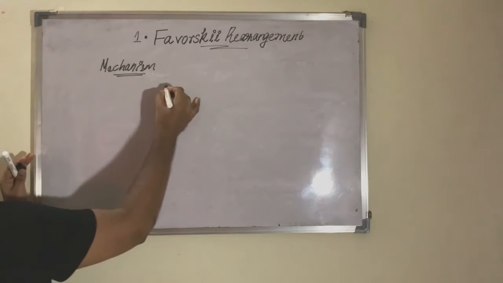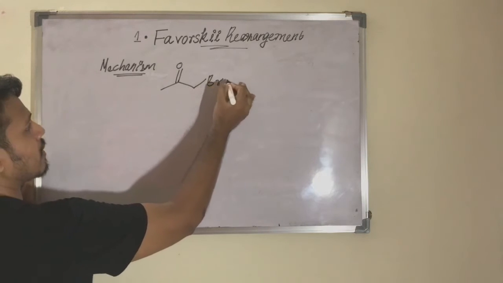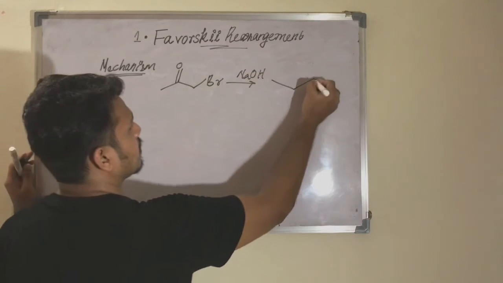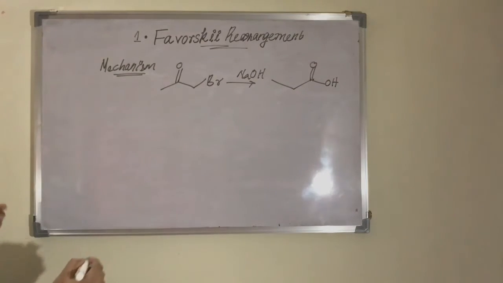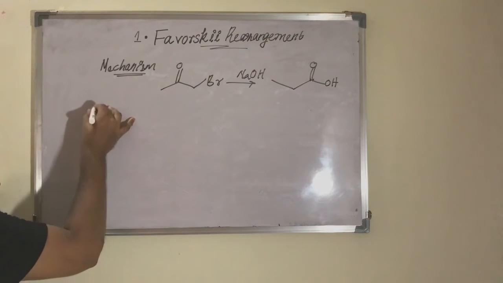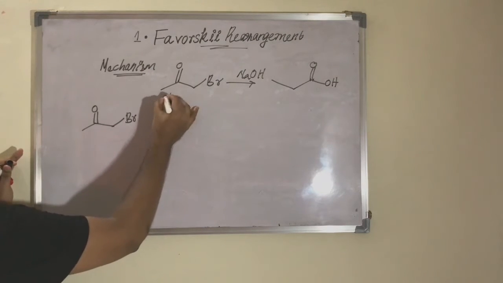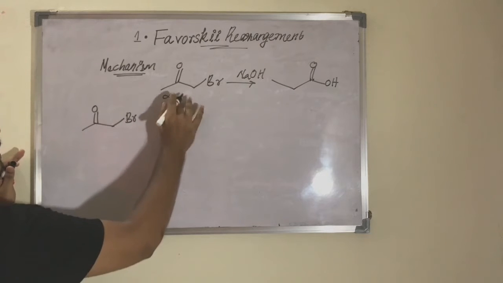So our reaction is this one along with NaOH, and you are expecting this product. How will the mechanism go? I am starting. Our starting material is an alpha bromo ketone.